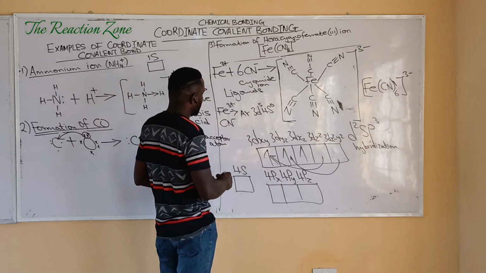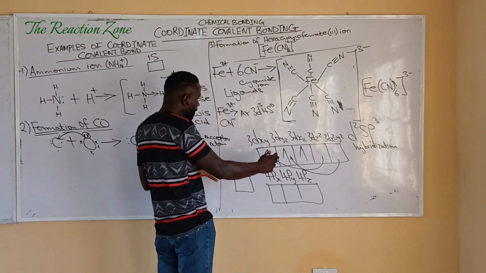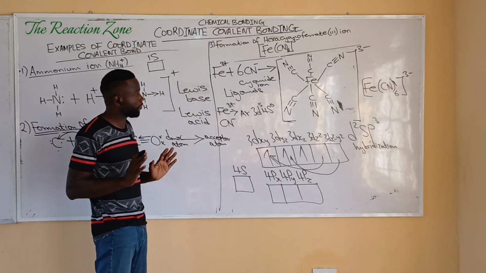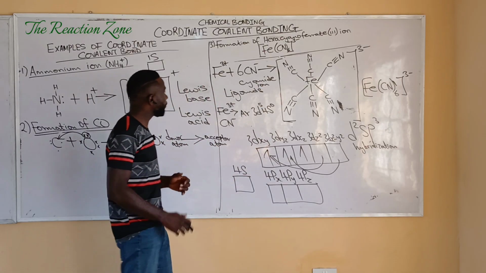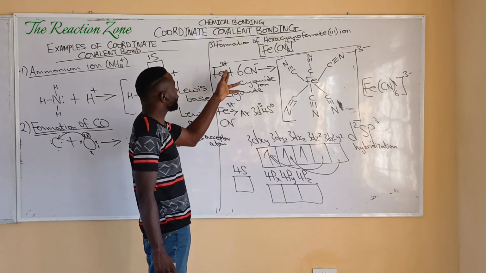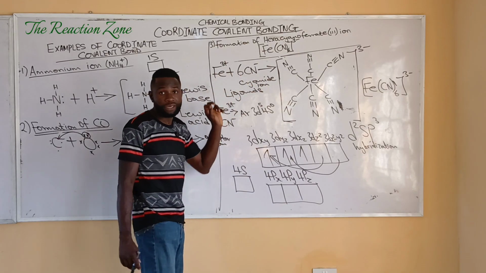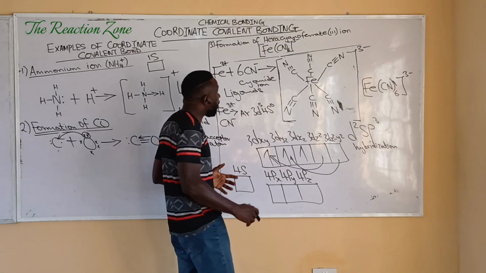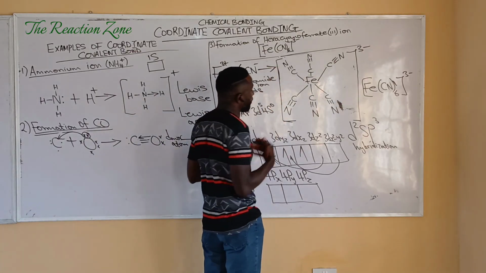After this, Fe3 plus now has 6 vacant orbitals to receive the 6 lone pairs of electrons from the 6 cyanide ions, leading to the formation of this coordination compound.